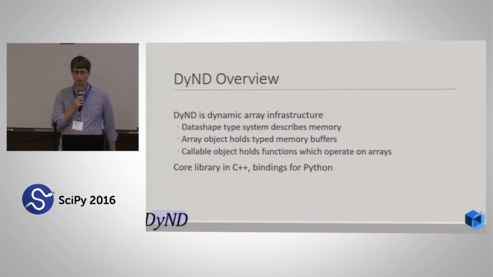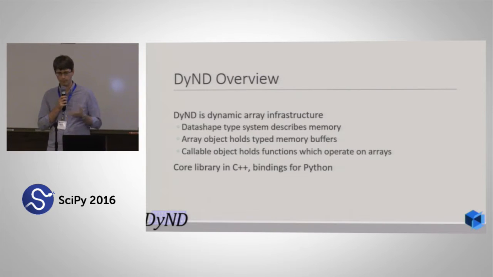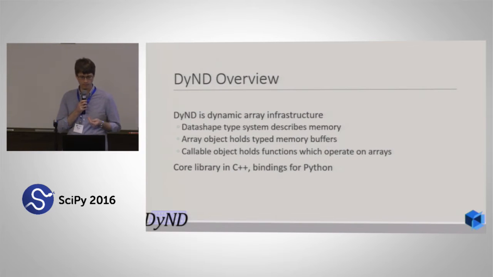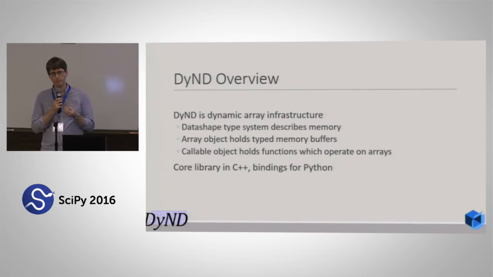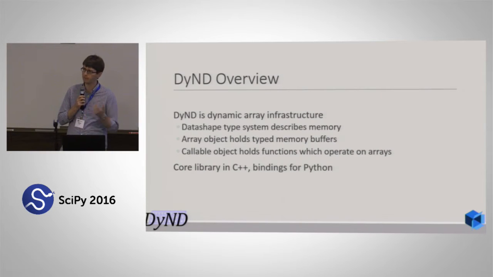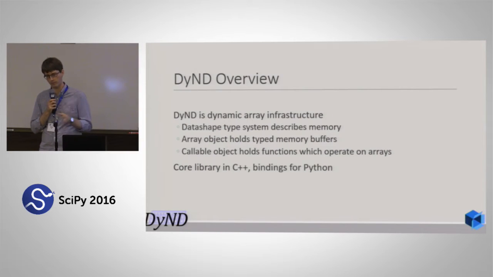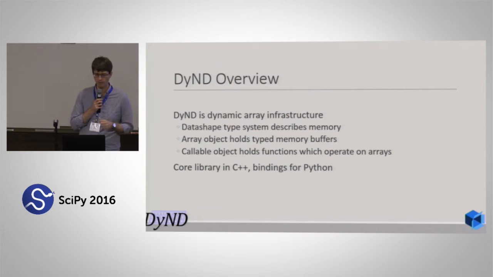The array object is the container class. It's similar to the NumPy array. It's atomically reference counted, and it combines the type with some type-specific metadata that defines the layout details like the strides and stuff. So it abstracts that part away and then holds ownership of the memory buffers.